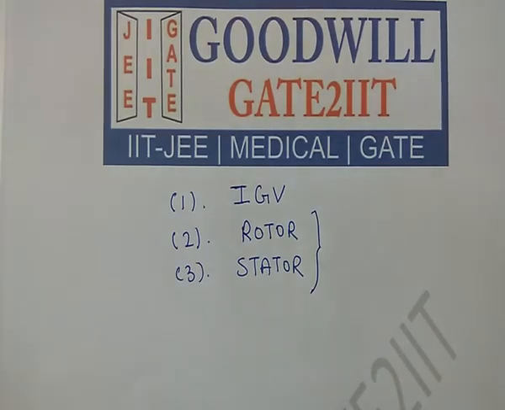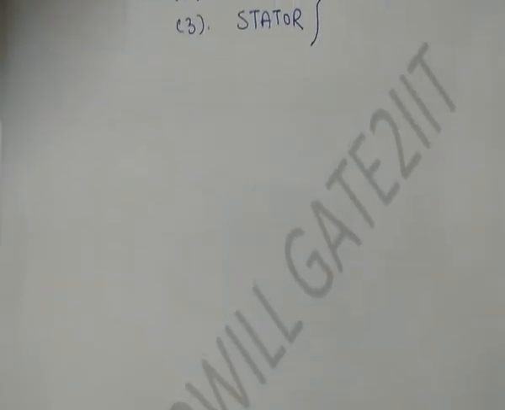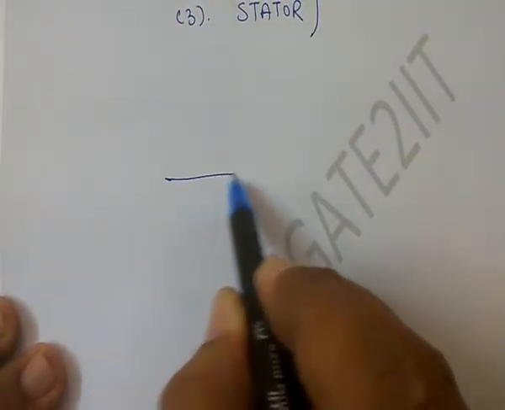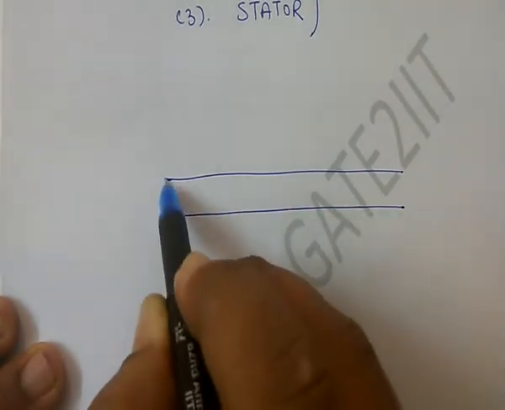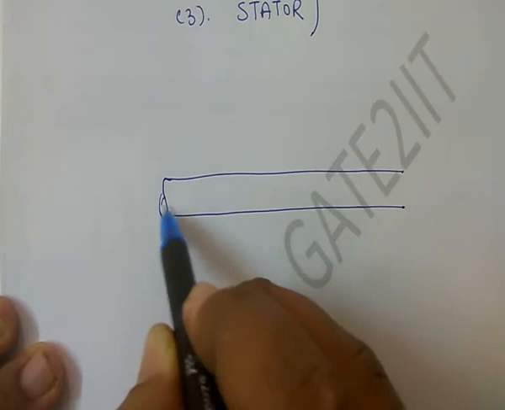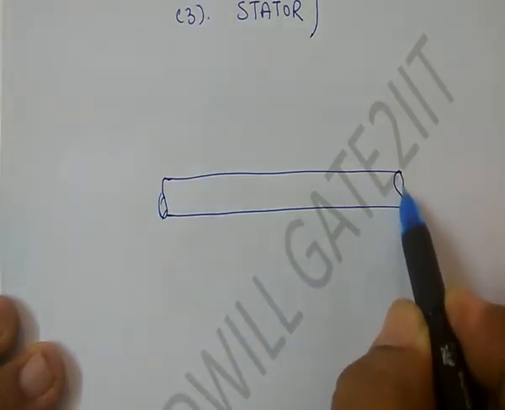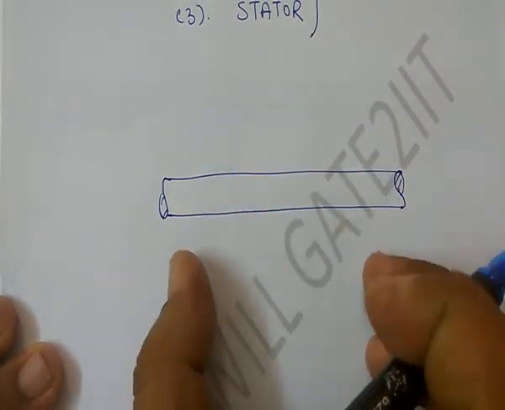Alright, so let me zoom that diagram. We have a shaft. If you understand this, velocity triangles are straightforward. So you have a shaft, something like this. I'm just drawing the portion of the shaft on which the compressor is mounted.